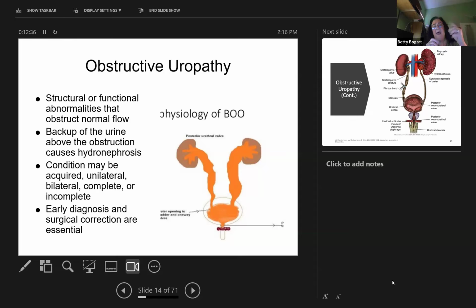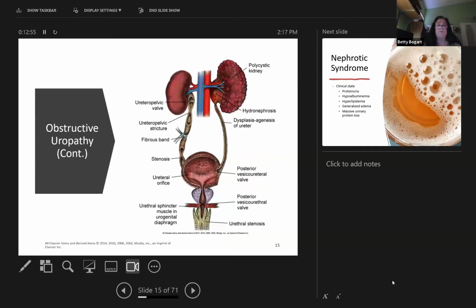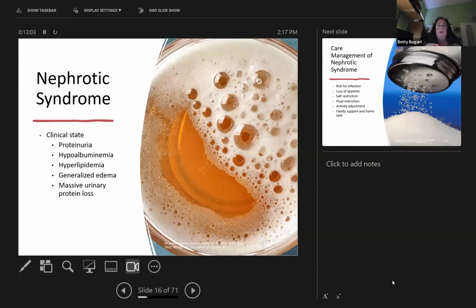And whether there's a kink where the sphincter is or up the ureter, one kink, two kinks, one side, other side, these things cause the urine not to come down, which could affect the kidneys, cause hydronephrosis. And again, they need to be corrected as soon as we can so we can save kidneys. So this is the picture that's in your book, just showing you all the different things. But remember, the vesicle is your bladder.